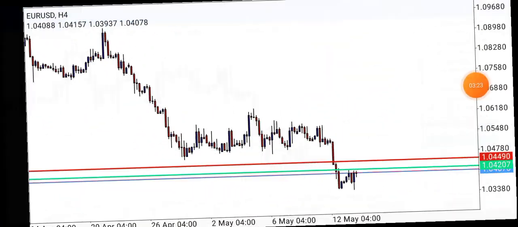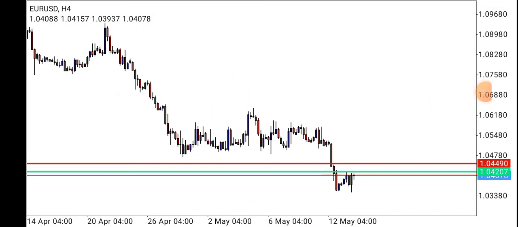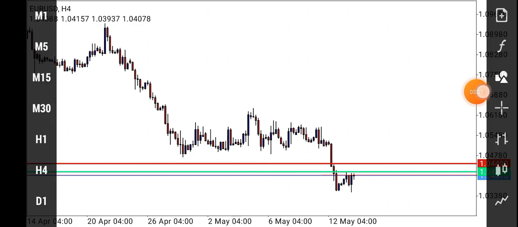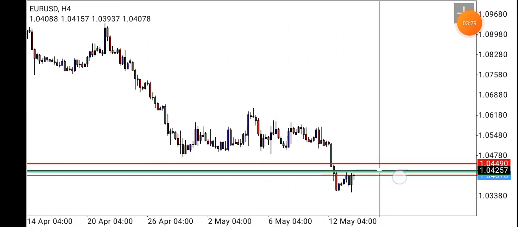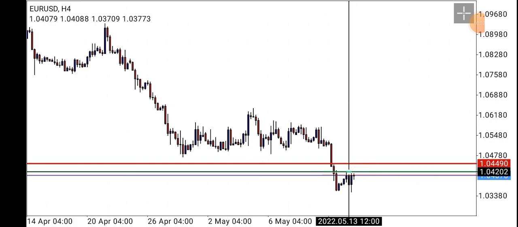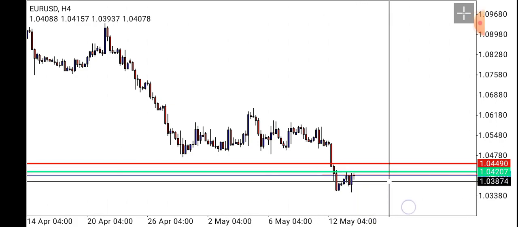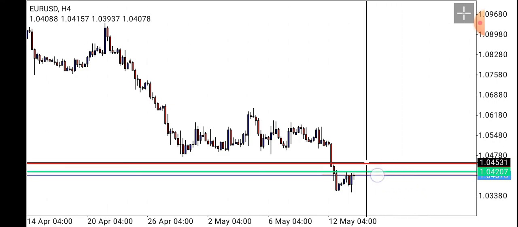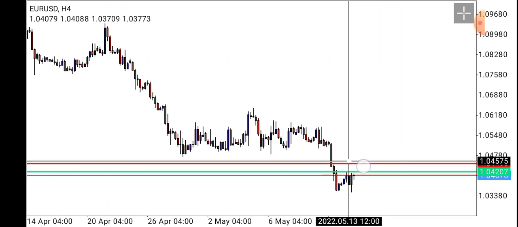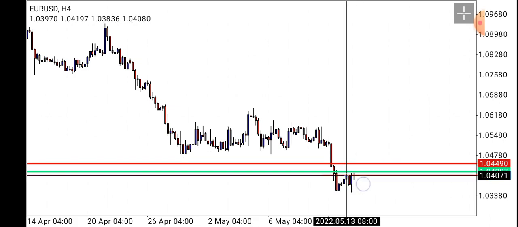The green line indicates the daily pivot. So the daily pivot is at 1.0420. So I'll wait for a candle to close above these two.